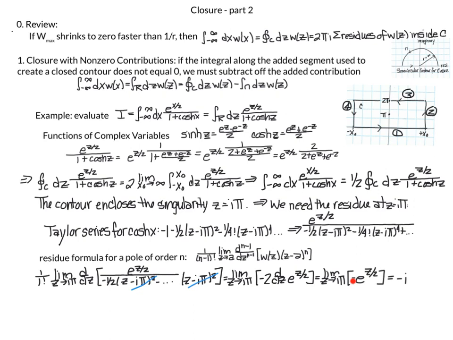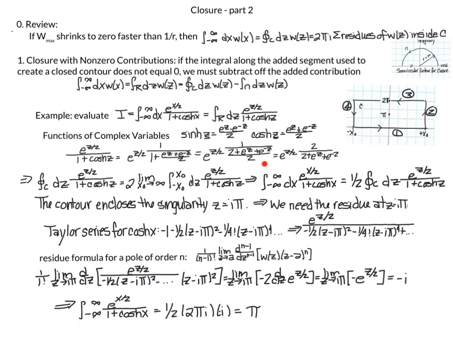The minus stays, the e to the z over 2, plugging in i pi over 2. On the unit circle, if you go over pi over 2 radians, you end up at i, and then you also have this negative sign here, so you're at negative i.